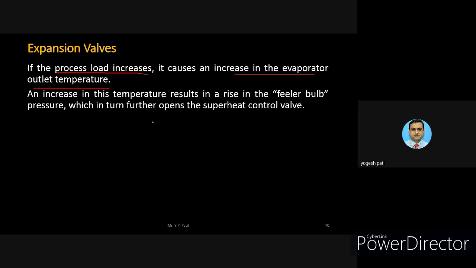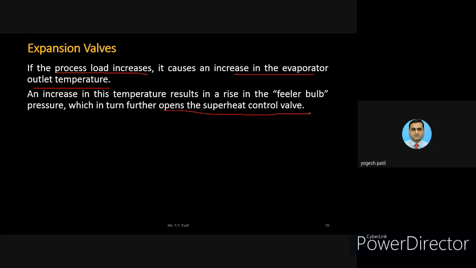As the outlet temperature has increased, it is required to maintain that temperature at the desired value, so the expansion control valve or superheat control valve opening takes place. It further opens the superheat control valve. As it opens, what does it provide? More coolant, more liquid refrigerant to the evaporator.